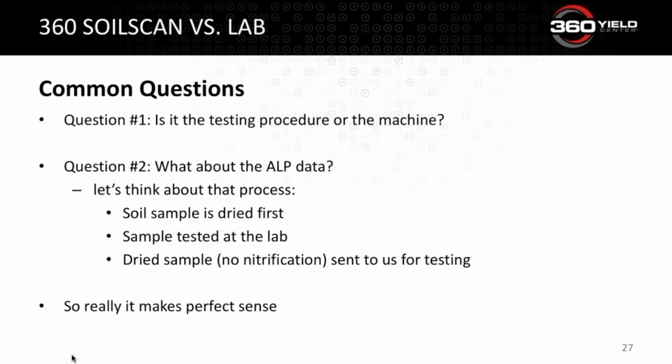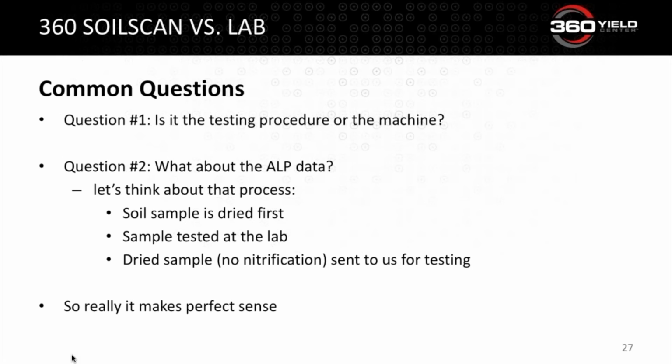Then the labs run their tests, and we run our tests, and as a result, it is a completely different process. And that's why, if you look at the ALP data, and I'll show you some of that in a minute, they send out samples for testing that in essence have stopped any nitrification, any conversion. That's why we do so well in the ALP testing, because those are samples that are treated completely different.